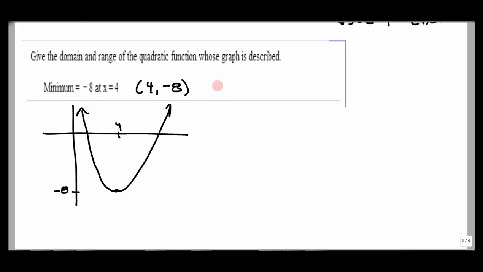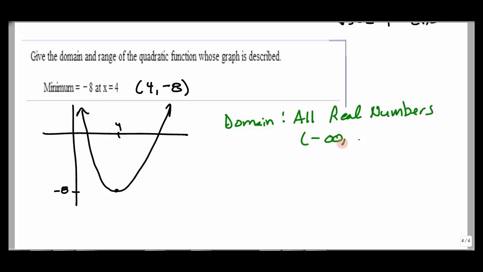So it asks for the domain. The domain, we know, for any parabola opening up or down is all real numbers. And the way that we'll represent that in my math lab is from negative to positive infinity. Now my range, because I know it's a minimum, remember range is vertical, domain is horizontal.